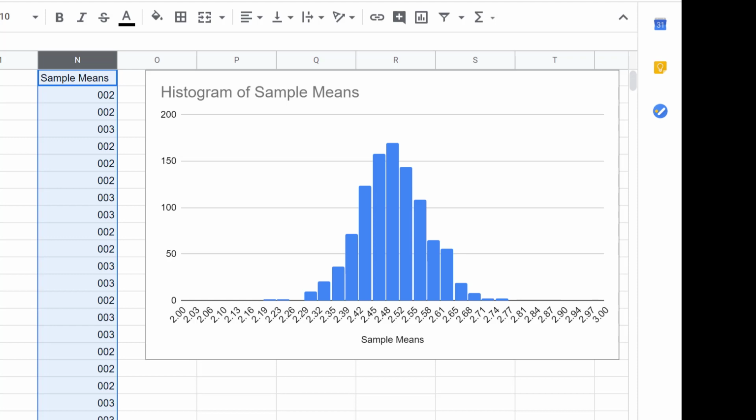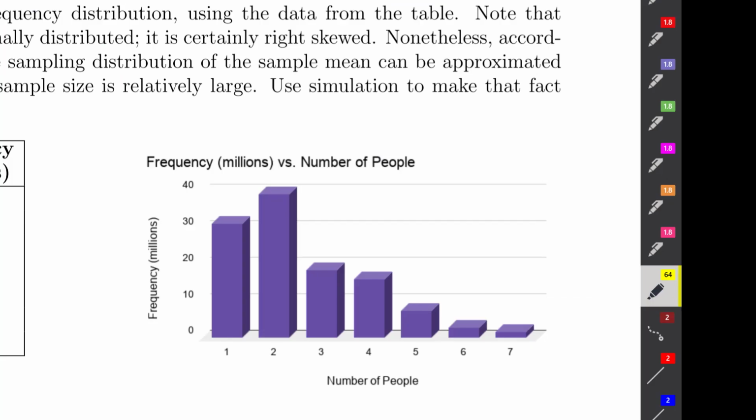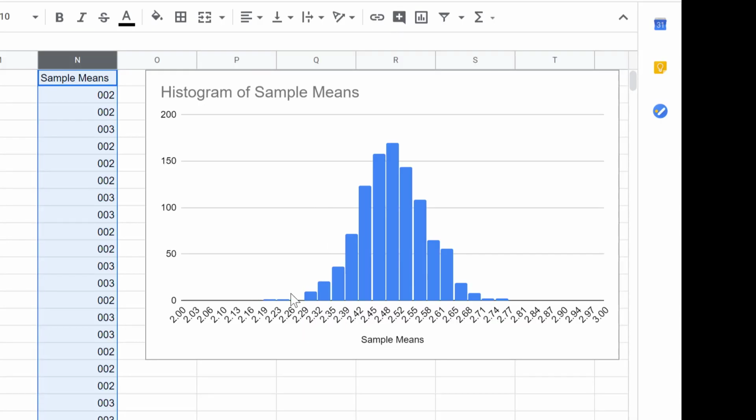And when we look at our original relative frequency distribution, you can see that this is definitely a right skewed graph. It is not normally distributed. However, when we compute the sample means, we do come up with a normally distributed X bar, which is our sample mean set.